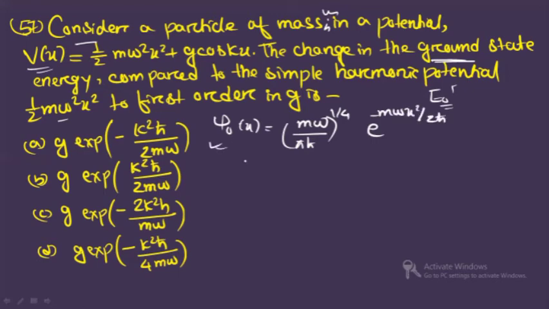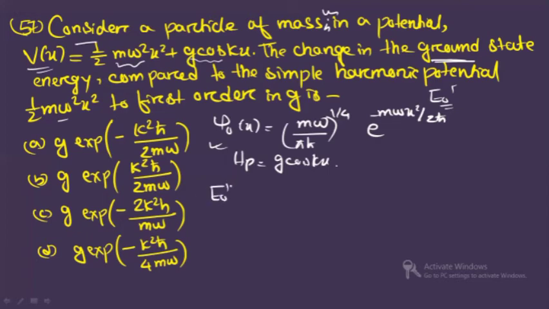This is the ground state wave function. Clear? And here the perturbed term is g cos kx. This is the value of H naught, this is the value of Hp, right? So Hp is given to you as g cos kx. Clear?